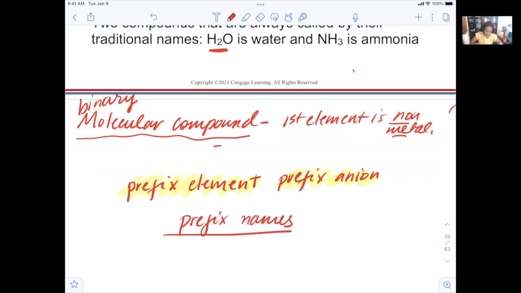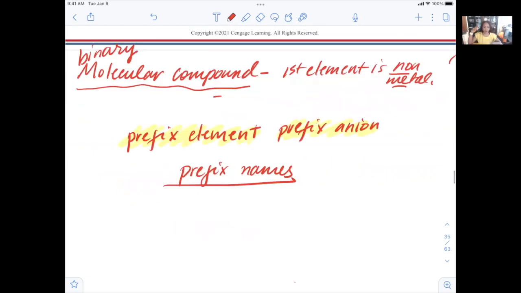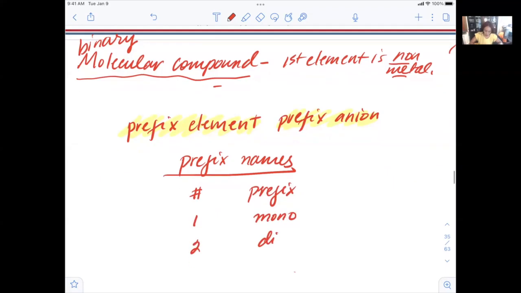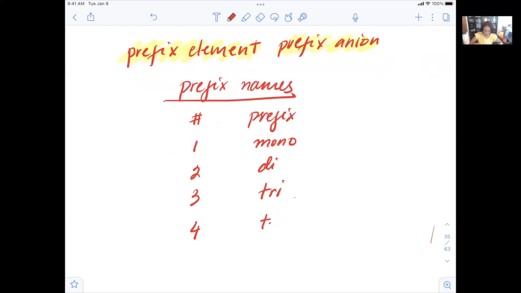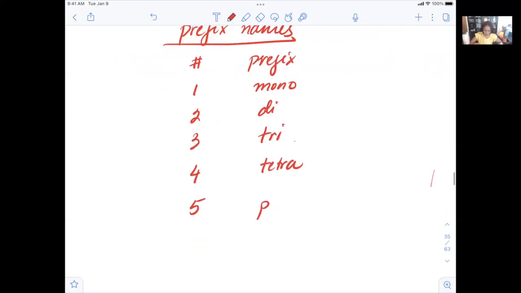Remember, these prefixes represent the number of atoms. So here is the number, and this is the prefix used. For number 1, we use the prefix mono. For number 2, di. For number 3, tri. For number 4, tetra. For number 5, penta. For number 6, hexa.